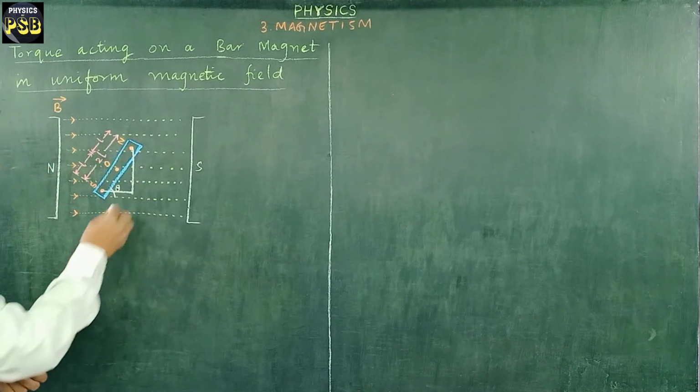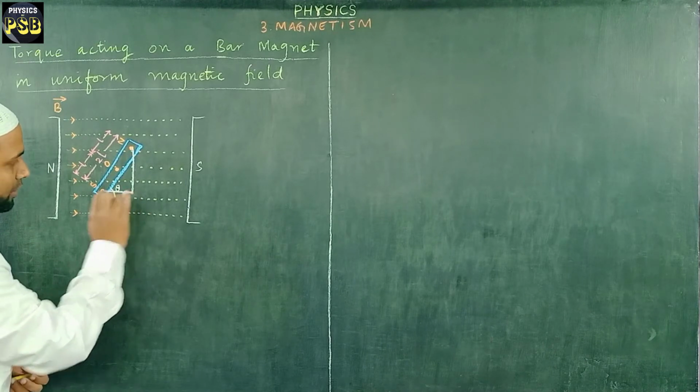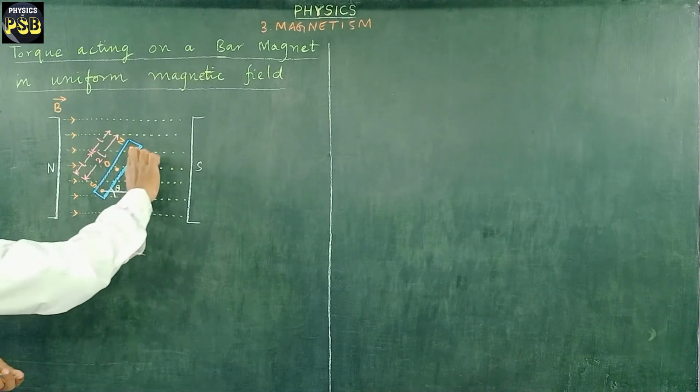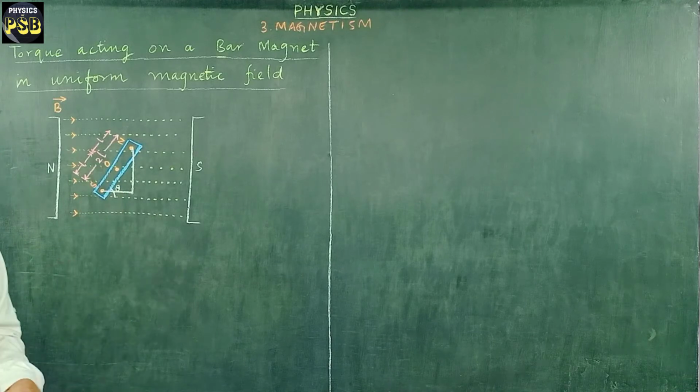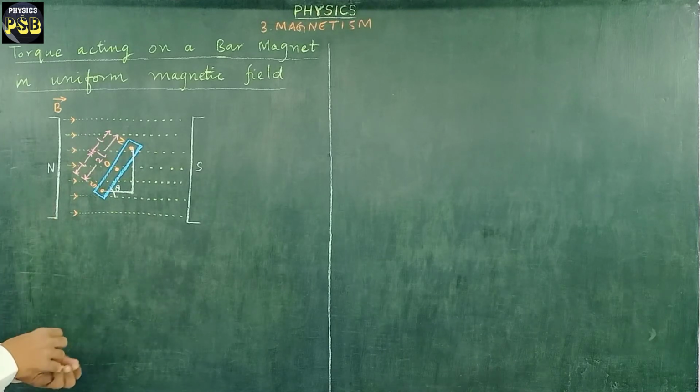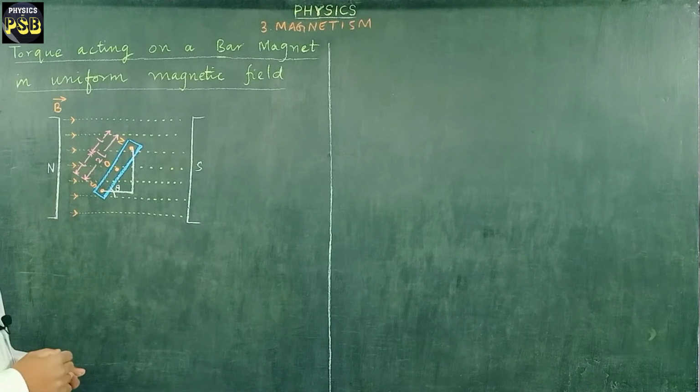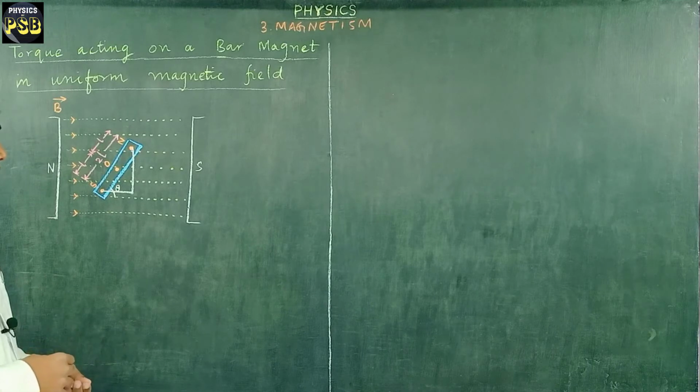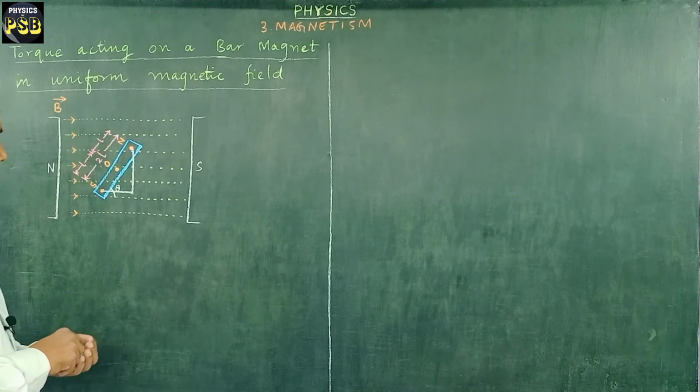These two lines intersect at this point. Now, the length of this line provides us the perpendicular distance between the north pole and the south pole of the magnet. Okay, it is unknown. Let me find out the value.